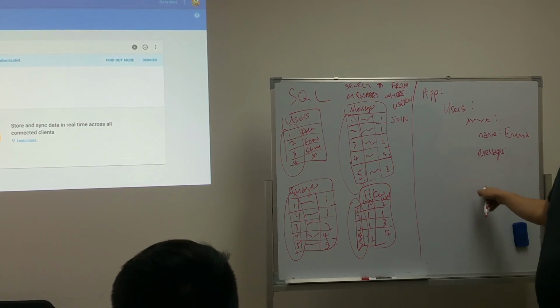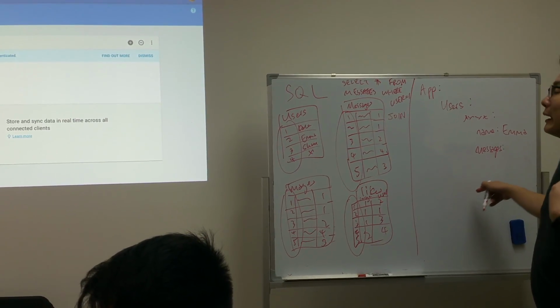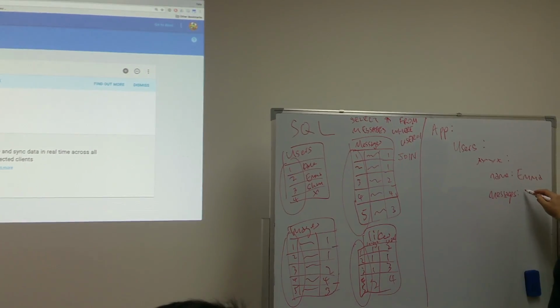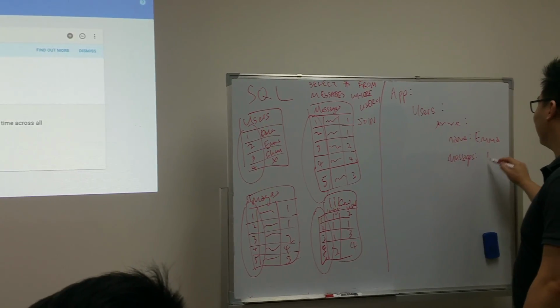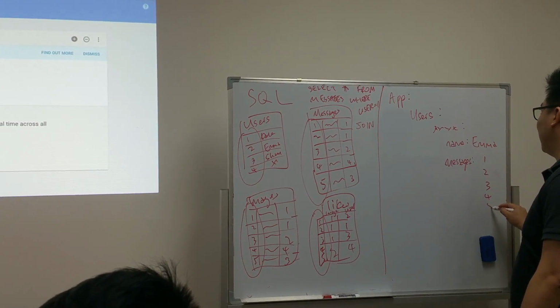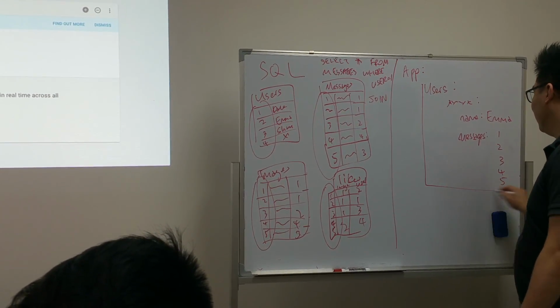Then under messages, oftentimes the way I figured it out to work was I would store just the ID, so it'll be like 1, 2, 3, 4, 5, then under another column the data itself.